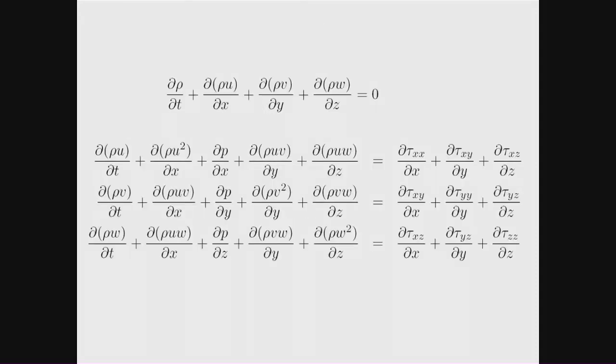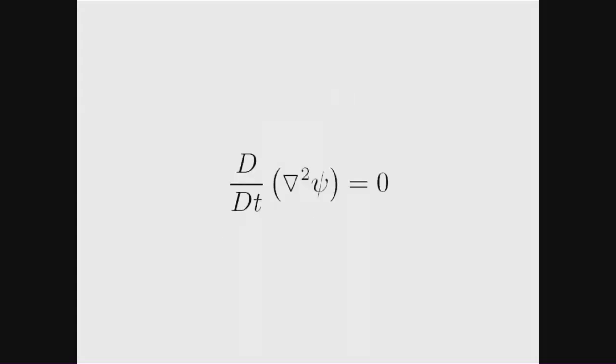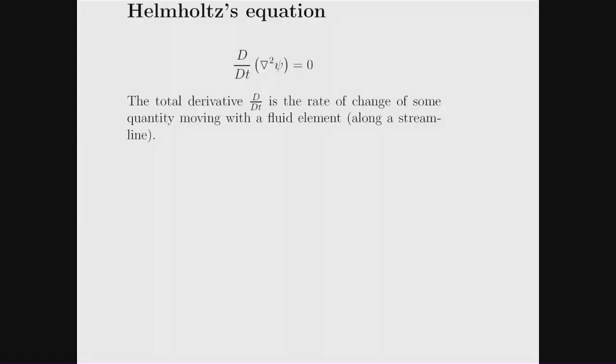So we started off last week in lecture 1 with the full Navier-Stokes equation, and then we simplified it to the Euler's equation for a two-dimensional, incompressible, inviscid flow. And today, we simplify it further to the Helmholtz equation, right? When we express it as a stream function.